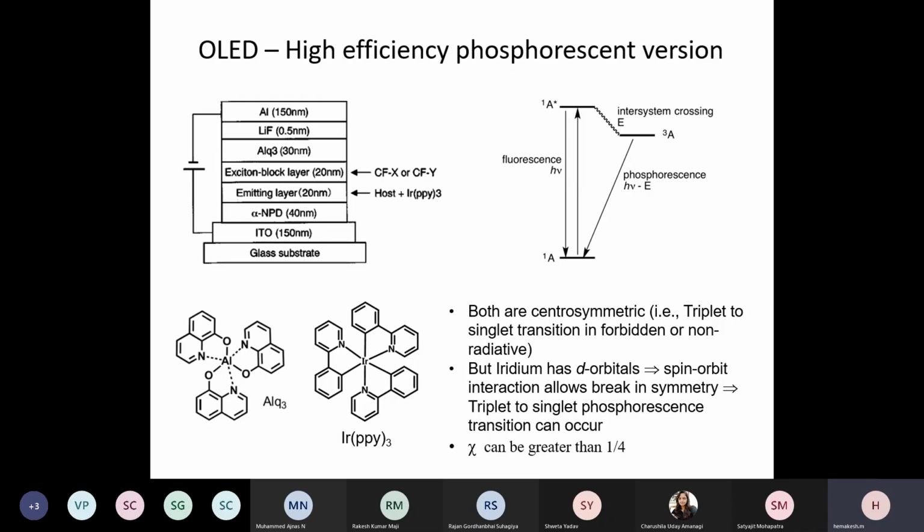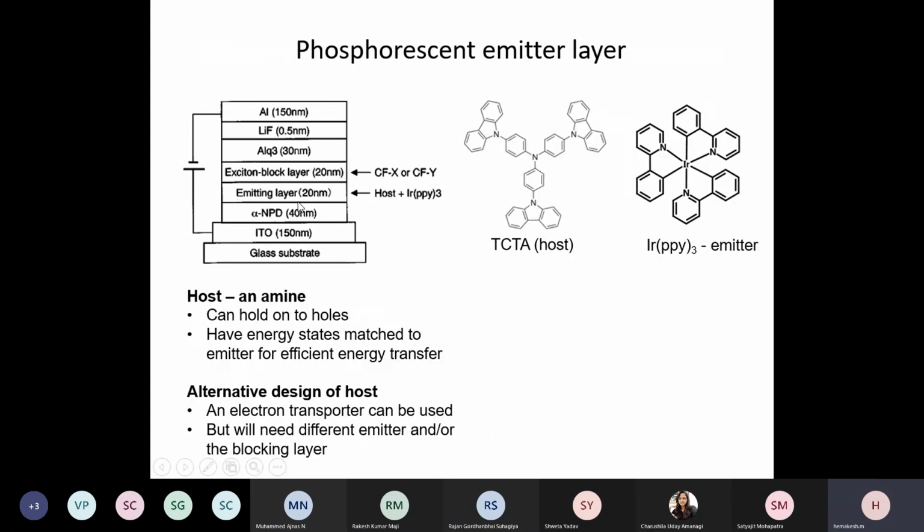Usually this iridium complex, you do not directly deposit onto the layers. You have to have a host molecule, and the host molecule is usually another diamine or a certain sort of amine that in itself acts as a host to have a uniform distribution of the iridium complex, but also by itself controls the mobility of the hole.